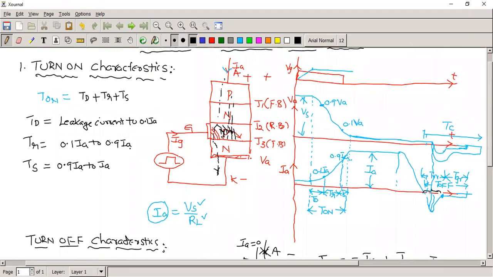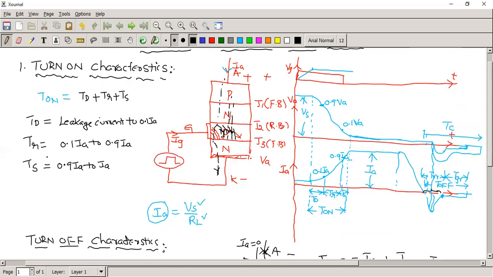When defining the delay time, rise time and spread time, for simplicity I define only with respect to the anode current. In the same manner we can define with the anode voltage also. Delay time is the time required to change the anode voltage from the steady state value to 90 percent of the anode voltage.